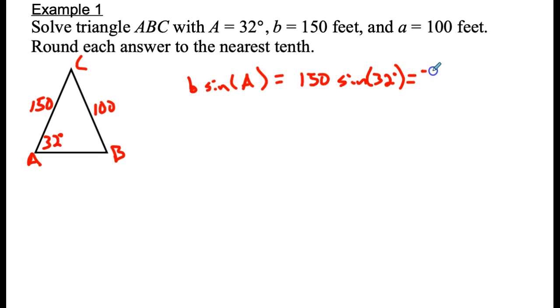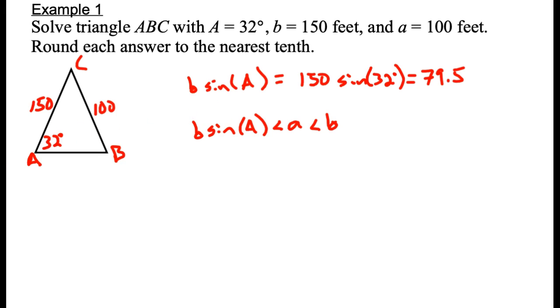Now we want to compare that to our given length of A. We find that A is greater than B times the sine of A, so B times the sine of A is less than A, but A is also less than the length of B. 79.5 is less than 100, and 100 is less than 150.